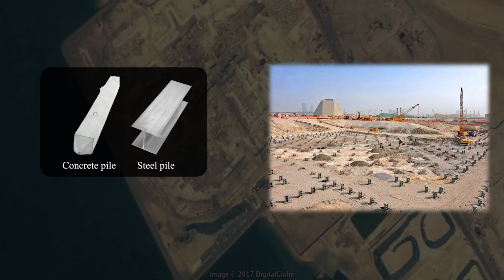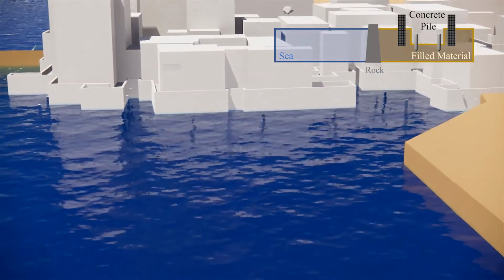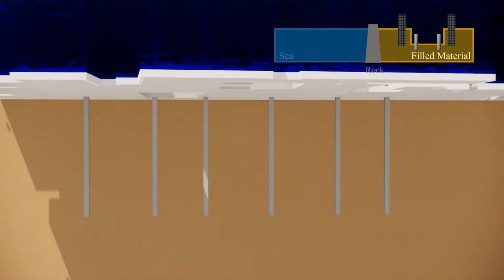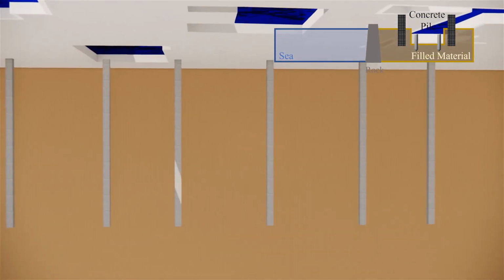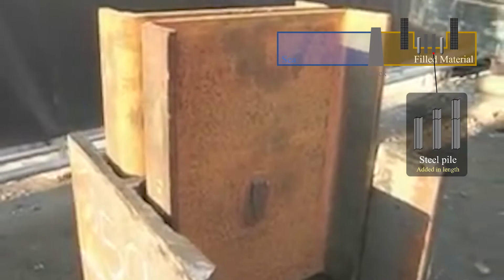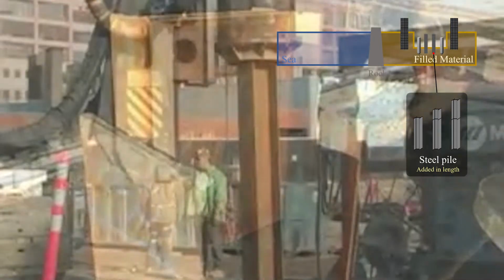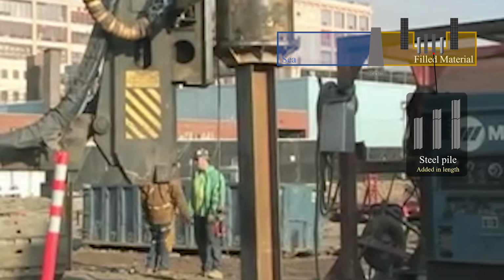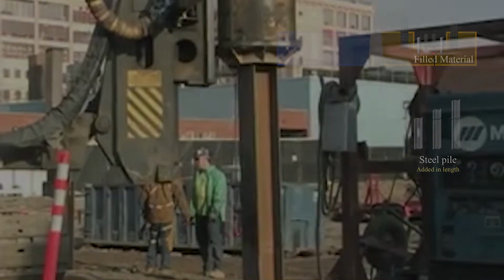Concrete piles and steel piles were embedded above it. The 25-meter long foundation piles served as an anchor to hold the building to prevent it from floating in the water. Steel piles may be extended in length with additional pile joints until the approximate depth is reached.